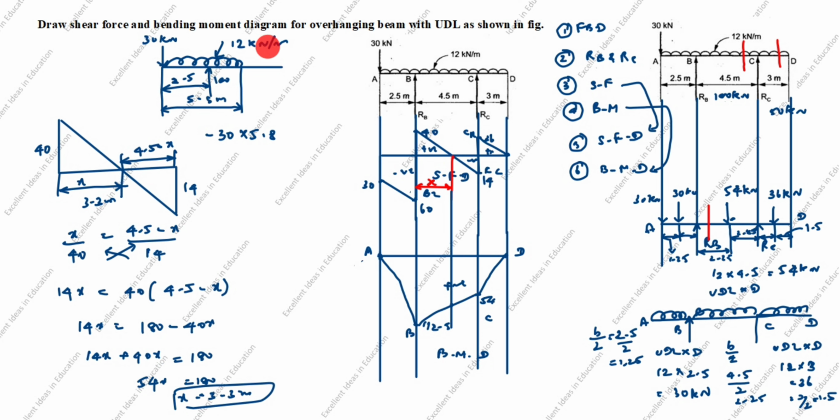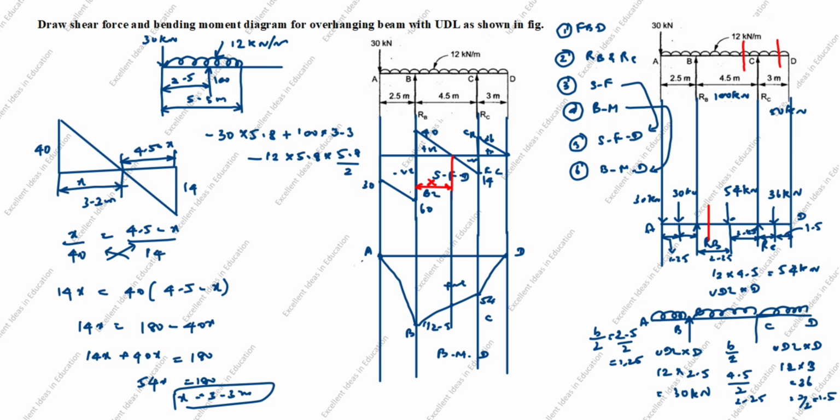Plus 100 into 3.3 from here to here. Minus 12 into 5.8 into 5.8 divided by 2. We will take UDL. UDL is 12 into this distance 5.8 into 5.8 divided by 2.